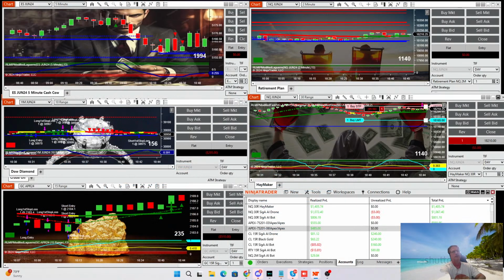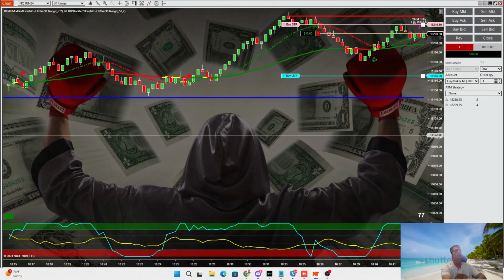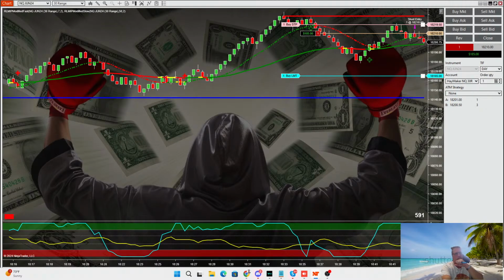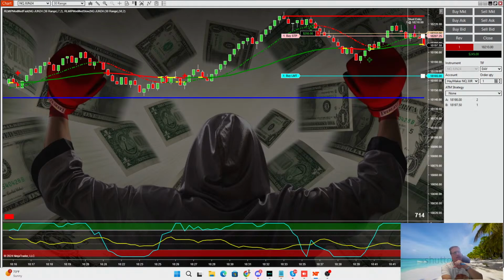Here's the Haymaker's back end. The Haymaker took a short entry right here when this RSI line crossed through that 80% line.